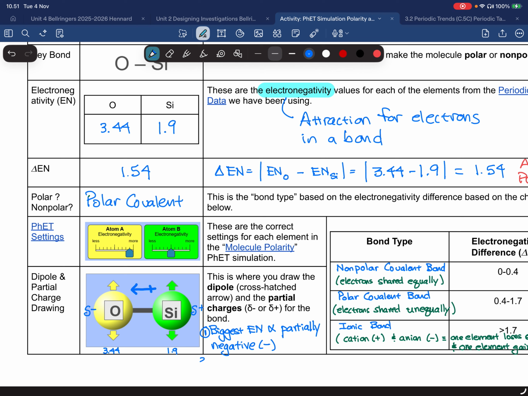And we also figure out the dipole points to the negative charge, the atom that's partially negatively charged.